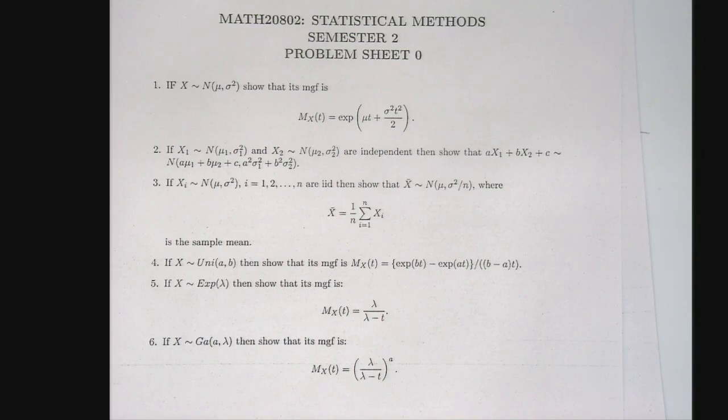Now the next step, I'm going to use independence, because we are told that x1 and x2 are independent random variables. Because of that, we can write this as the product of expectations.